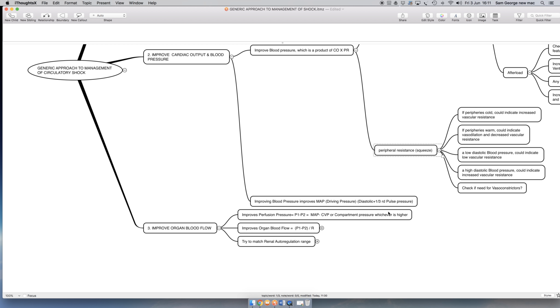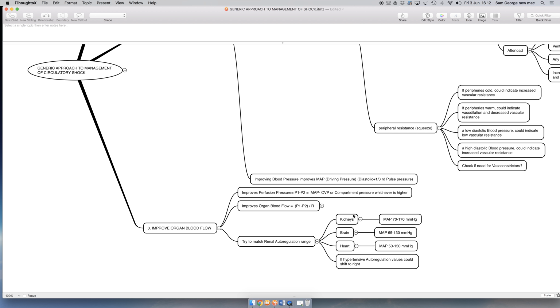Okay? And these can get affected under injury, insult or inflammation. But it's around 70 to 170 millimeters of mercury mean arterial pressure for the kidneys. For the brain, as you can see, 65 to 130. Heart is 50 to 150. And if they're hypertensive, the autoregulation values could shift to the right, which means the autoregulation ranges could increase.